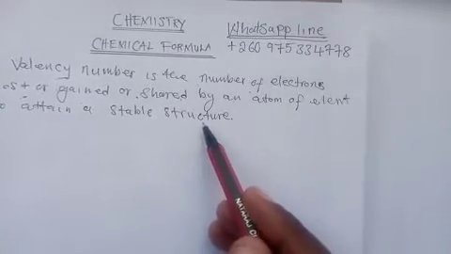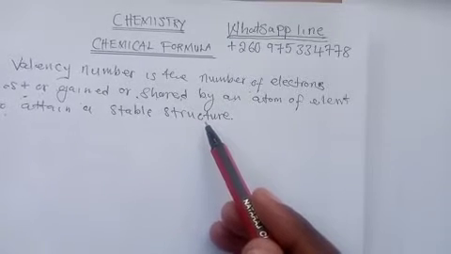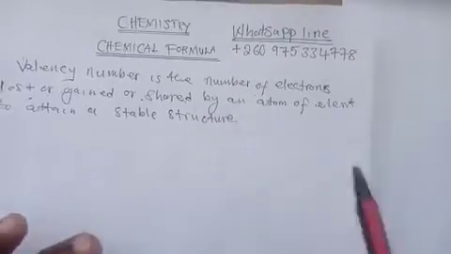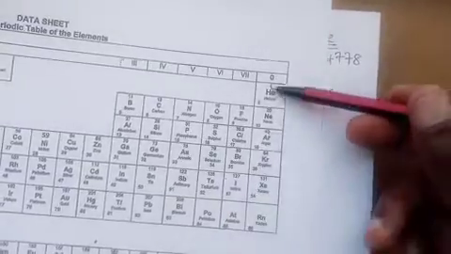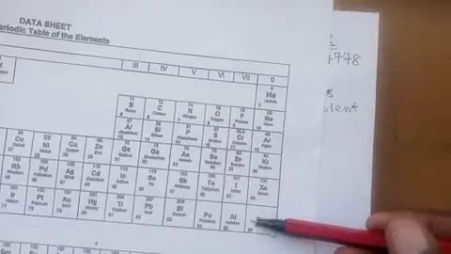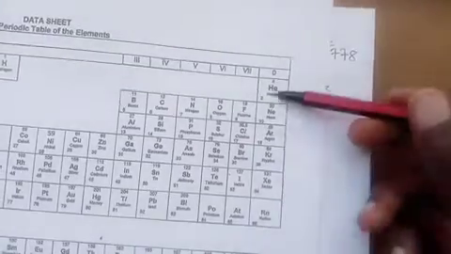To attain a stable structure means to be stable, meaning that it is full in its last shell. It has 8 electrons in its last shell, like these ones which are here. These are stable atoms. We call them noble gases.